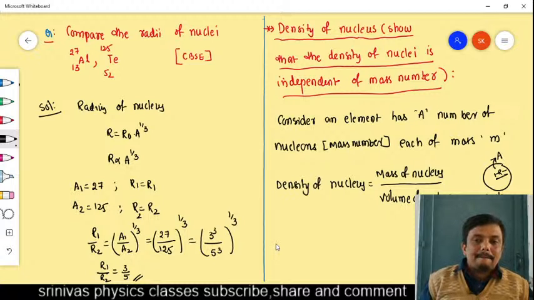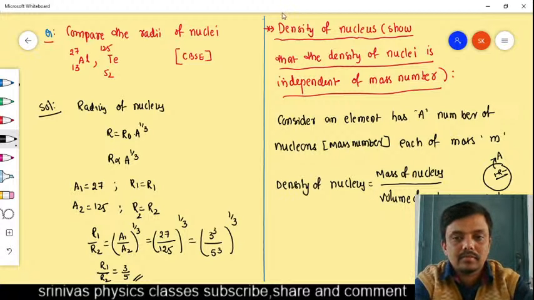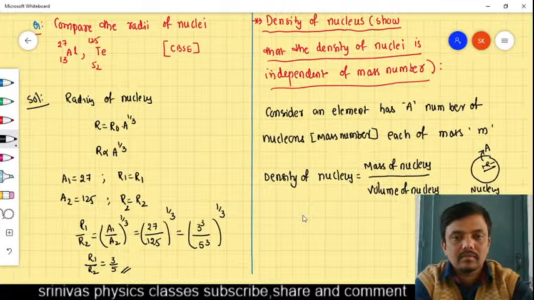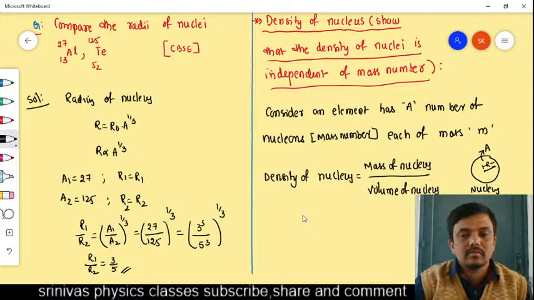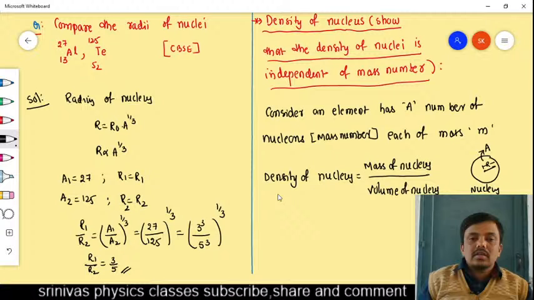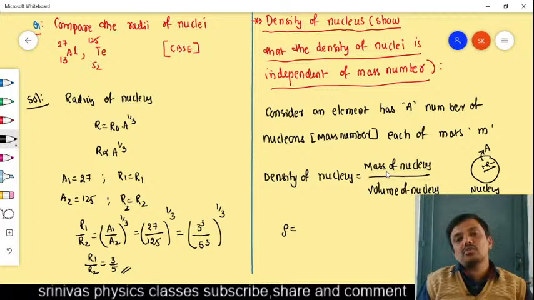Density we write as rho, and the mass of the nucleus means the mass of its constituent particles.